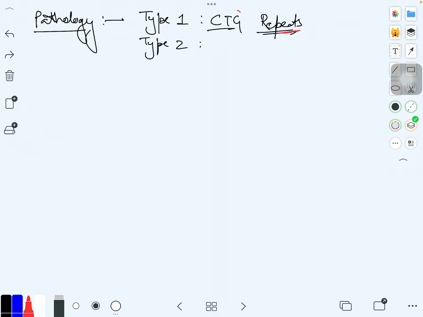So these are trinucleotide repeat disorders, 1, 2, 3 nucleotides. There are about 4 in number.